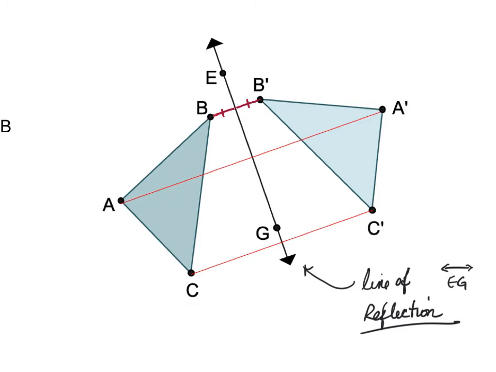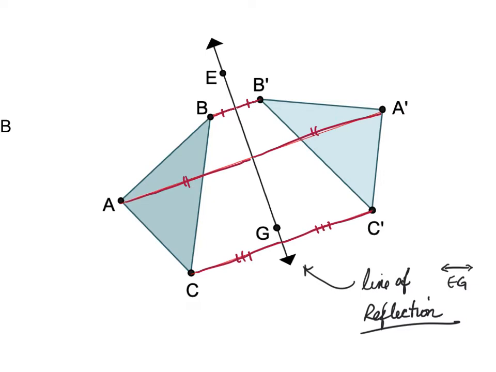We've reflected the exact same length across. The same goes for A to my line of reflection; its length will equal A prime to my line of reflection. And for C, that length is going to be the same as the length to C prime.